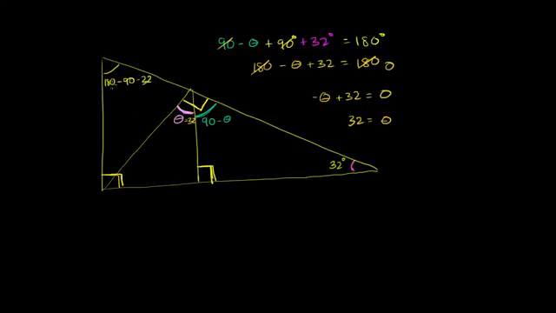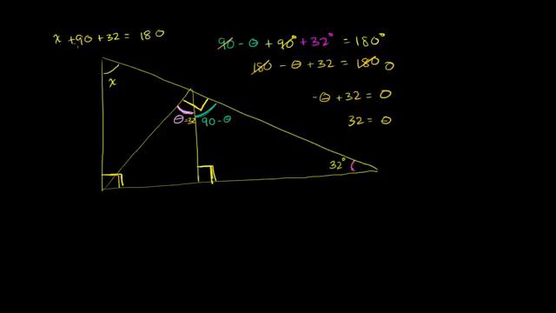And I just kind of skipped a step there. Obviously, let me not skip a step. Let me call this x. If we called the measure of that angle x, looking at the biggest triangle in this diagram, x plus 90 plus 32 is going to be equal to 180 degrees.